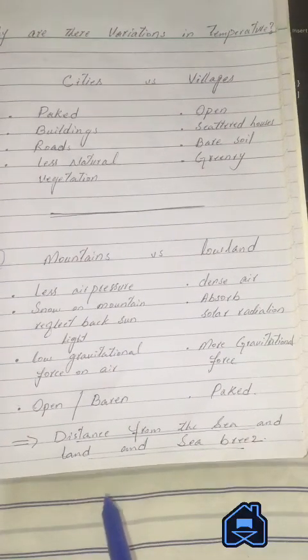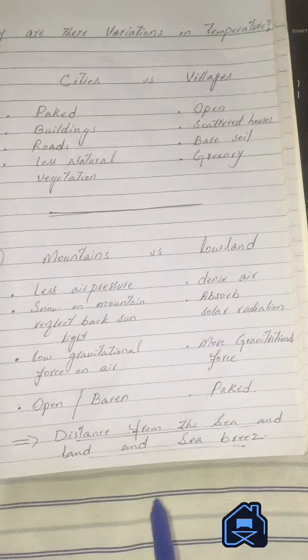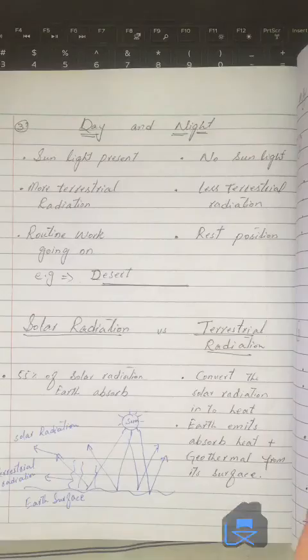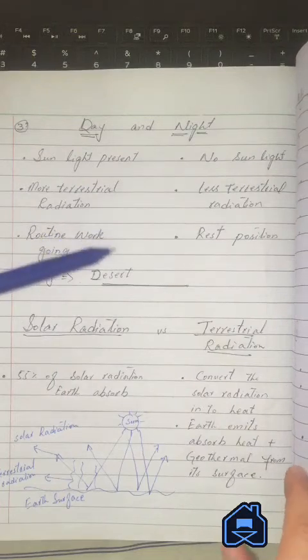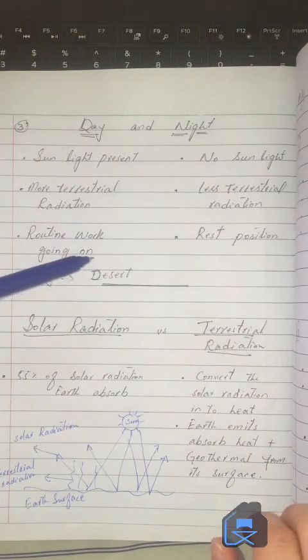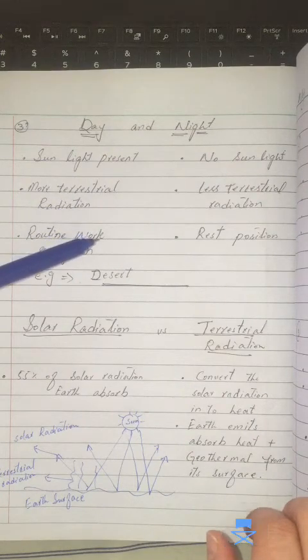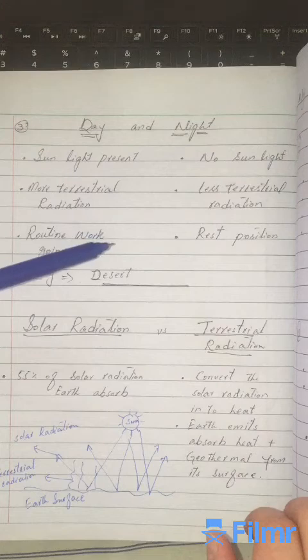So that's why distance from the sea and land and sea breeze affect the temperature. During the day, solar radiation exceeds terrestrial radiation. That's why the Earth's surface becomes warmer.